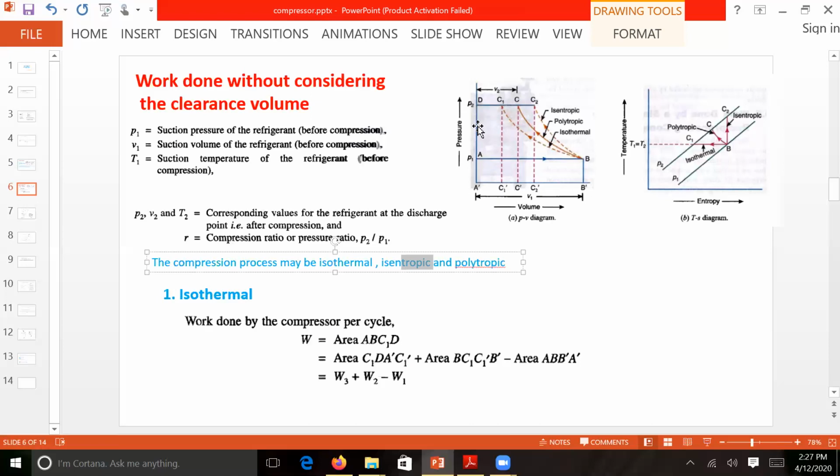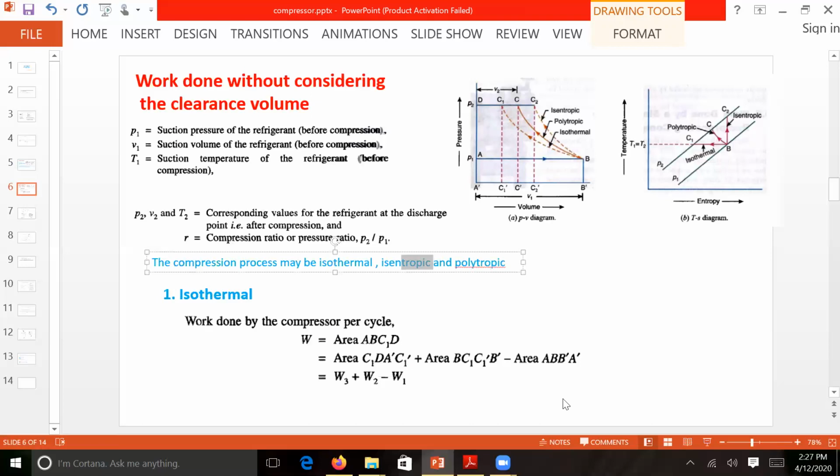So this total area minus this area will give you the result. This area needs to be subtracted also.